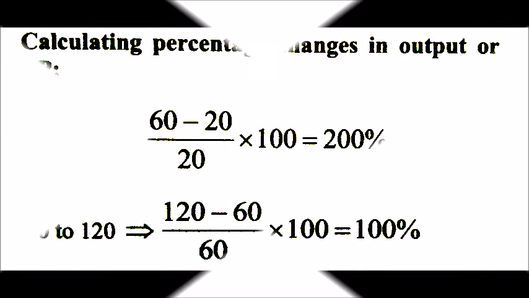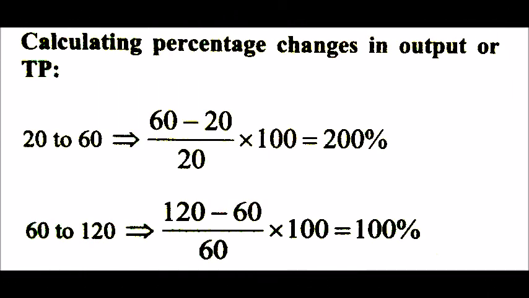So we are calculating percentage change in output or total production, TP. As you can see, the total production goes from 20 up to 330.